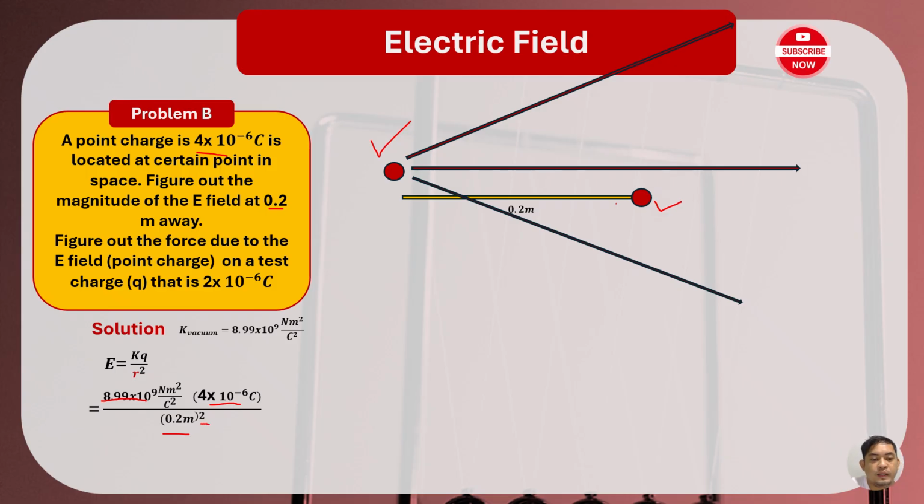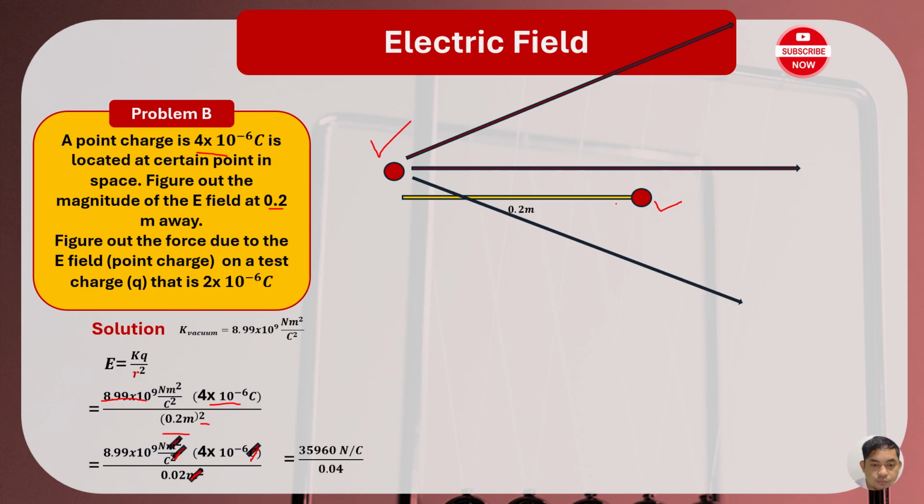Before plugging it in the calculator, we can cancel the units here, the meter squared, and also cancel the coulomb, leaving 1 coulomb of our coulomb squared. Then plug it all in your calculator.